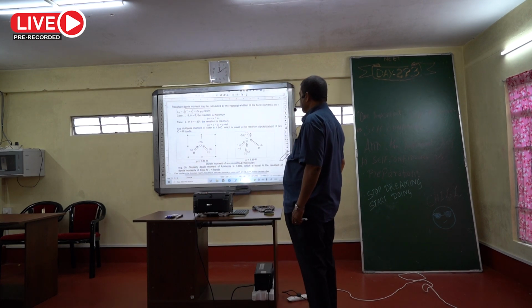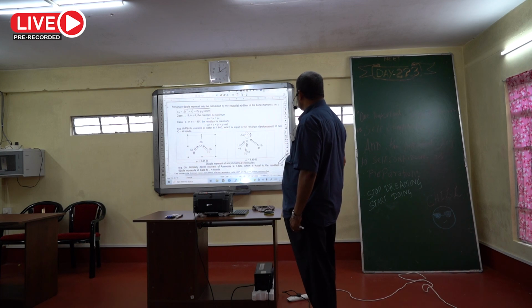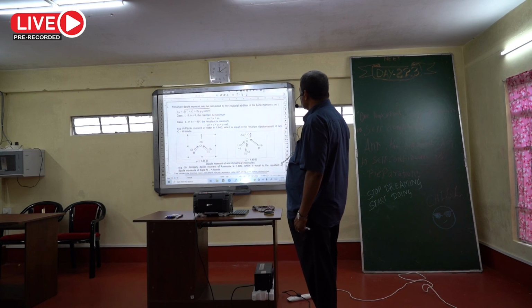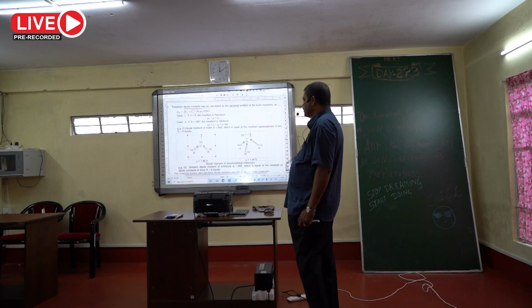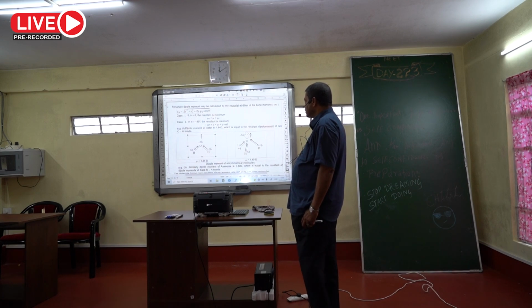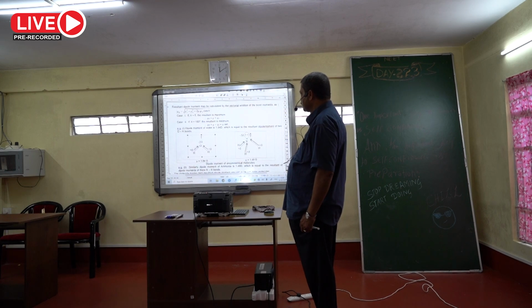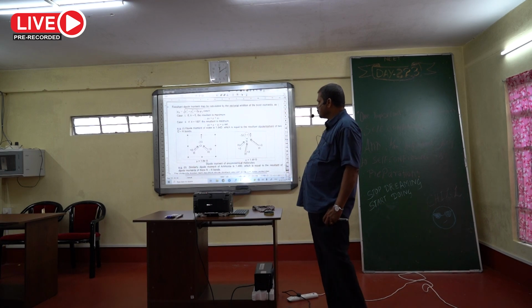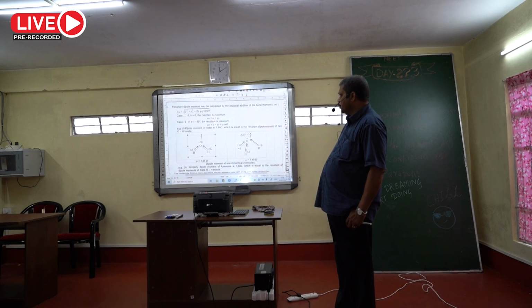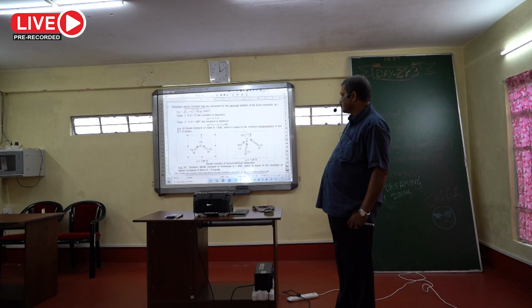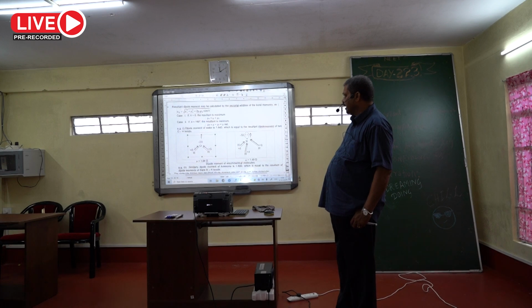Resultant dipole moment may be calculated for the point already written. Just write the formula. Mu resultant is equal to root of mu1 square plus mu2 square plus 2 mu1 mu2 cos theta, where theta is the bond angle.